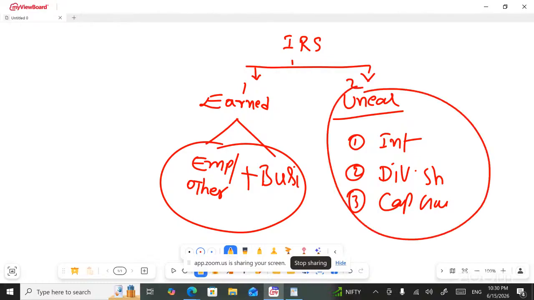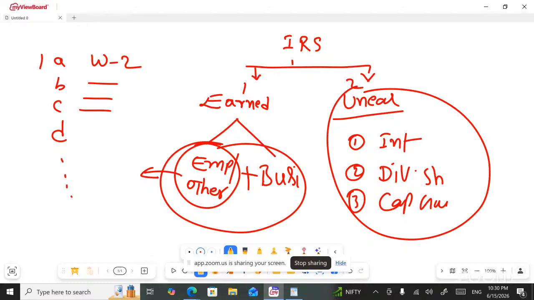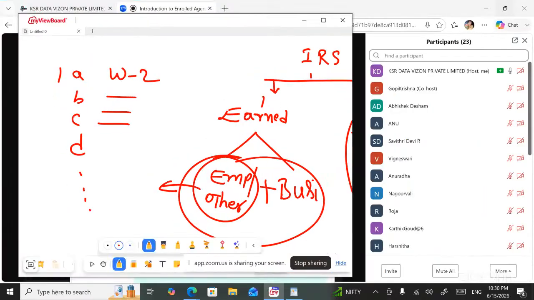Now coming to our story, 1A wages means W-2 form, B, C, D, like that I have included. All items have the item name and background clearly given, wages, household employees, like that. But if any personal service income is generated which is not included by IRS in form number 1040 with a specific name, you can mention the name of the service and include that income as a residual item.